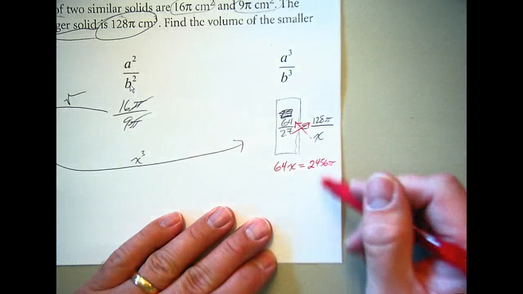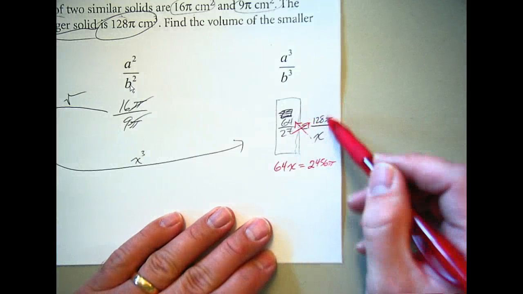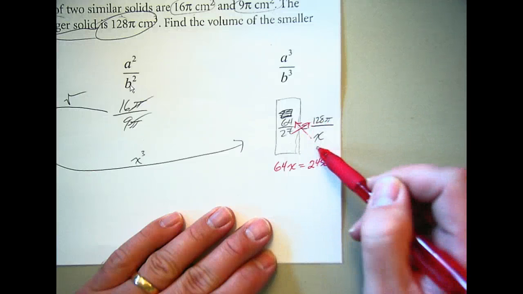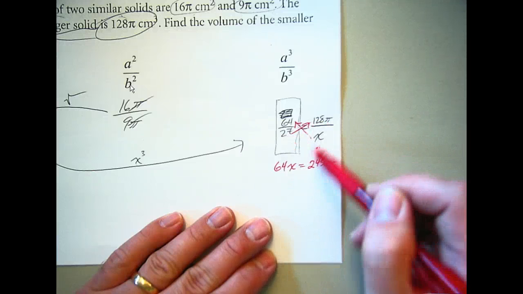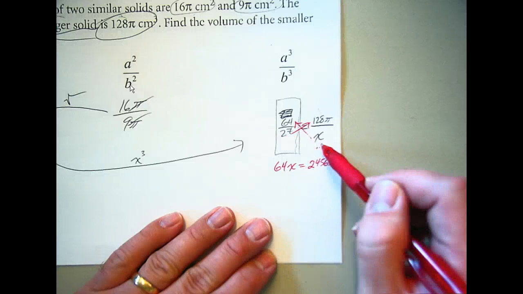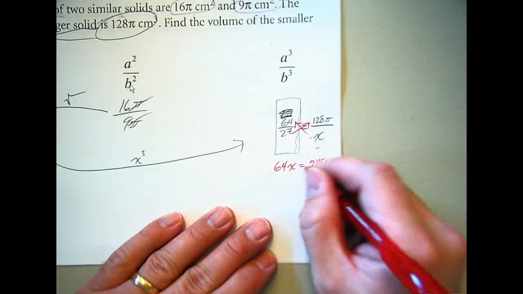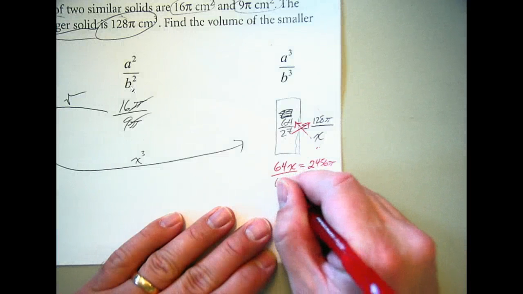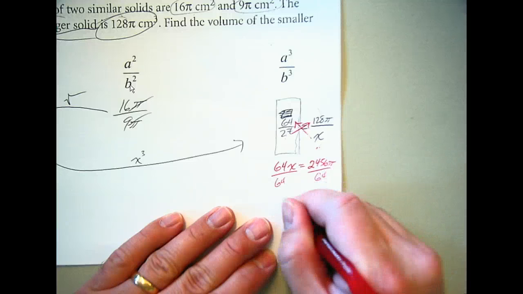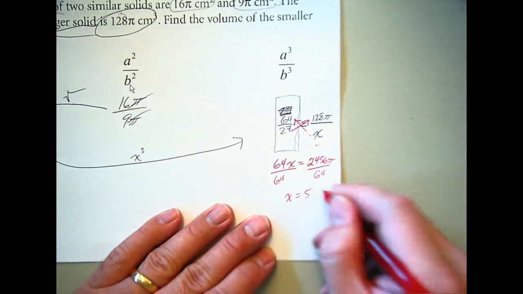Wouldn't that be easier? That you just double it. Oh, yeah, I see what you're saying. Yeah. The answer's 54. 2,456, and then divide by 64, which is 54 pi. Good. So x equals 54 pi. Good job.